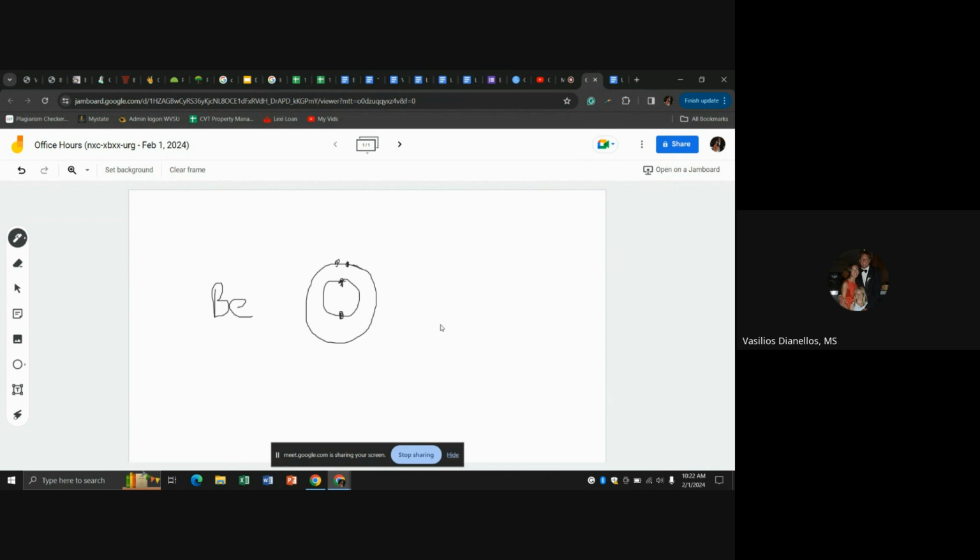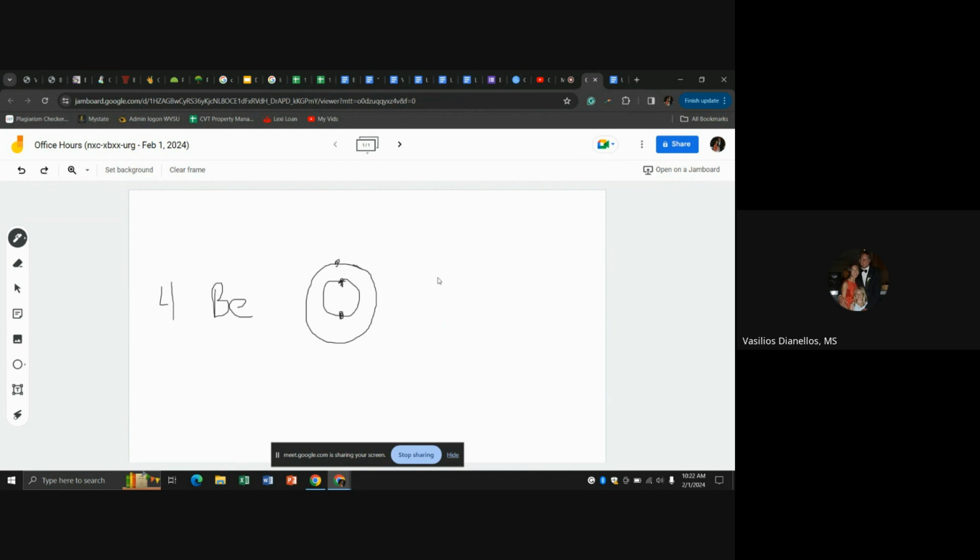Now we have 1, 2, 3 electrons, but beryllium's number is 4, so we have 4 protons. Therefore, it has a +1 charge. And that's how you would draw a planetary model of beryllium, and then a planetary model of beryllium with a +1 charge.